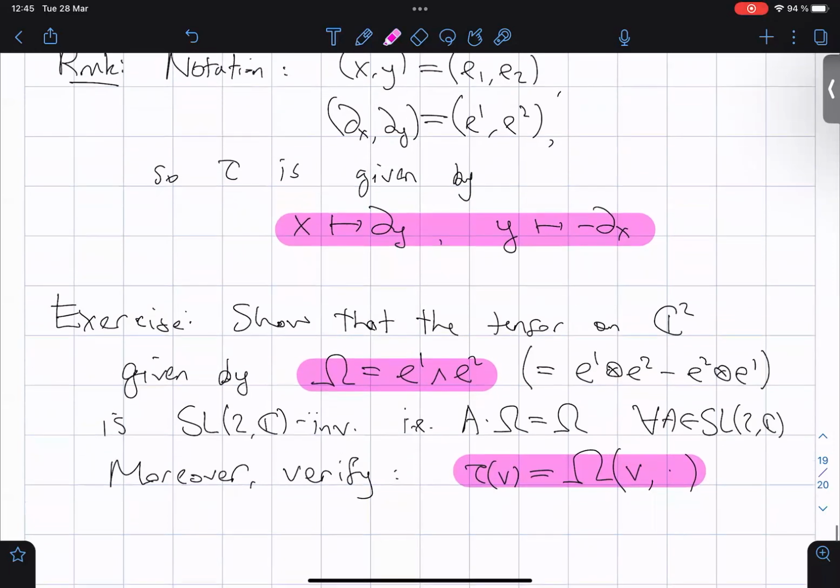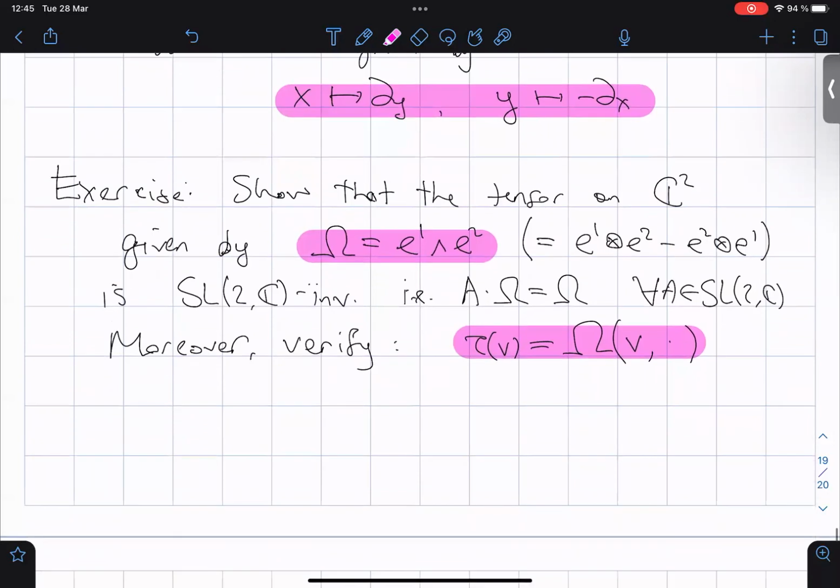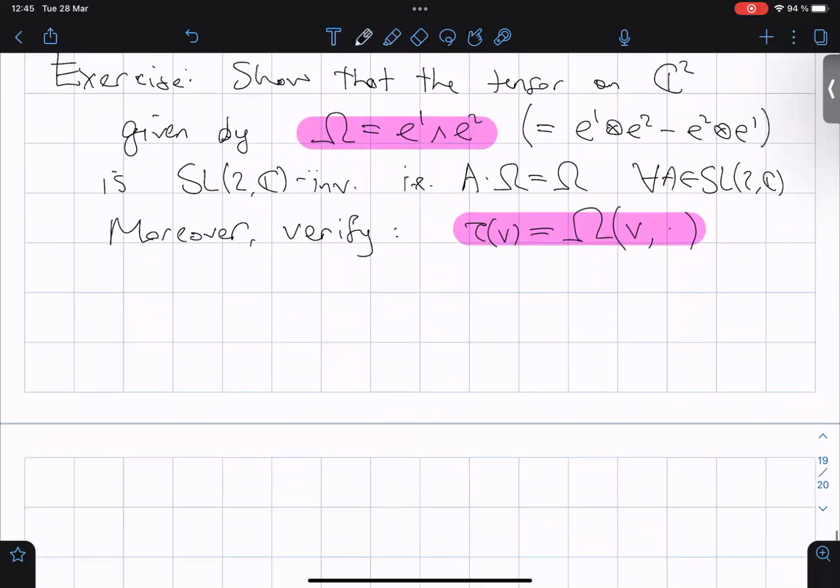So there's a natural way of building this tau, this natural intertwiner, from this invariant tensor. So that's a little bit on SL2. We'll get back to it in a big way later on. I want to focus on irreducible representations now, and so-called Schur's lemma. Working with irreducible representations is actually quite a strong condition.